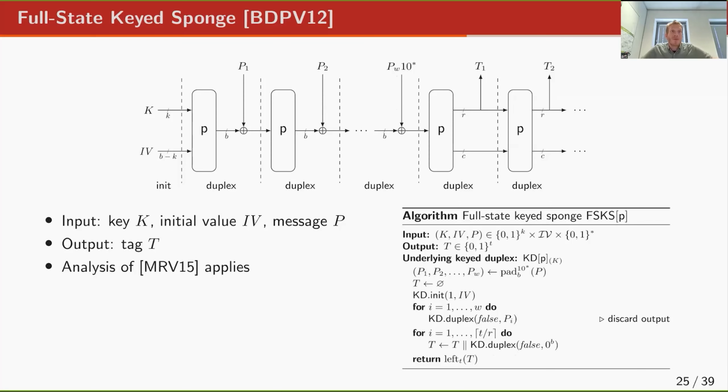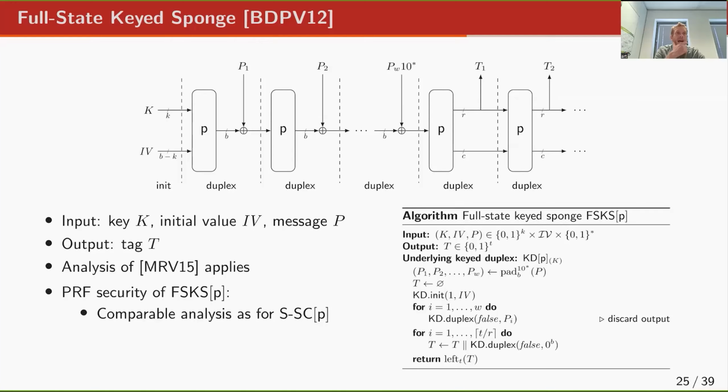The old analysis from 2015 did prove this, but it had this multiplicity term. This was not a tight proof. But now security carries over. So we have a comparable analysis to before, but the attacker can repeat a path. What the attacker can do is make key sponge calls where P1 is the same for 2 queries, but P1, P2 is different.